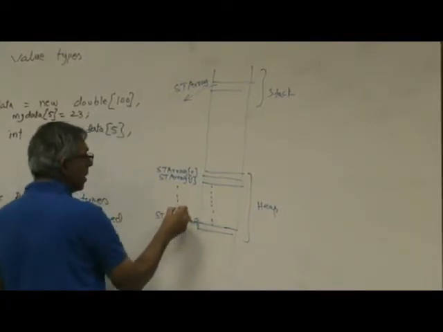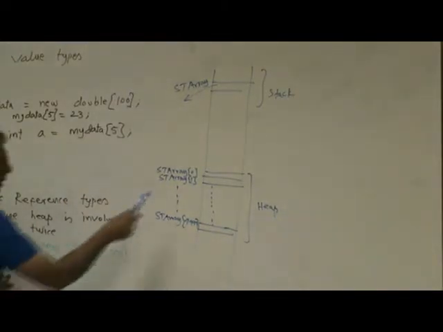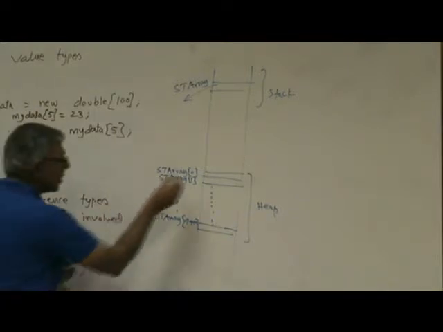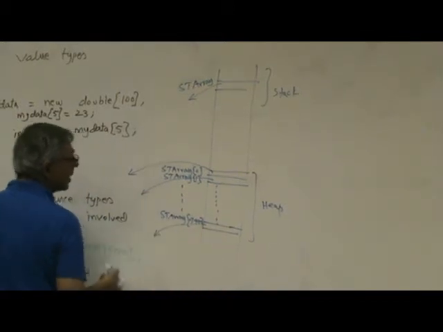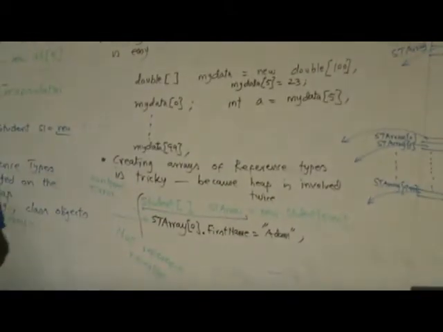Correct? Okay, now, what type of memory is this? Remember each element of this array is capable of pointing to a student. So these are references themselves. So this is a reference, this is a reference, this is a reference, and so far they are pointing nowhere. For example, if we wanted to create an array of students, how much memory does each student need?